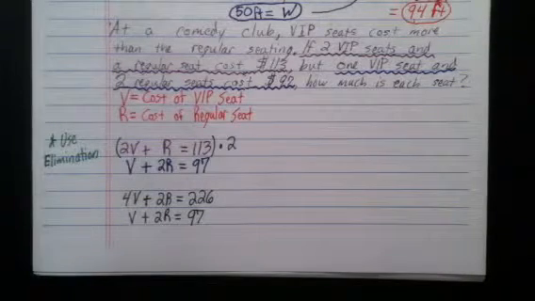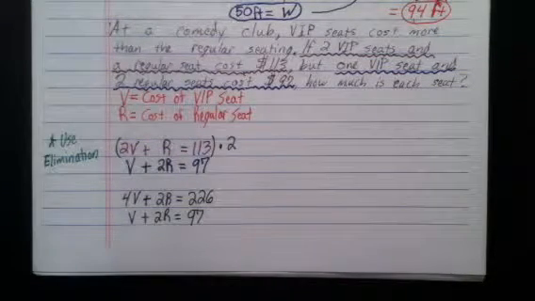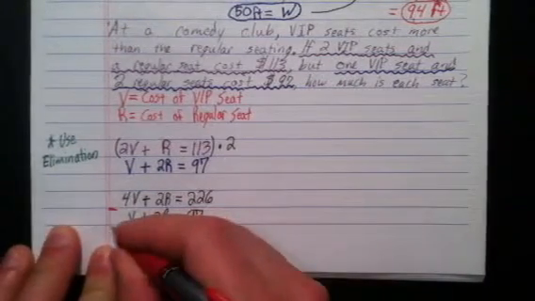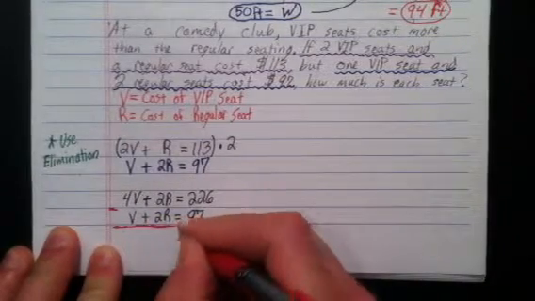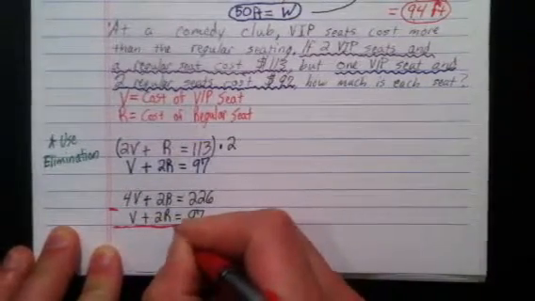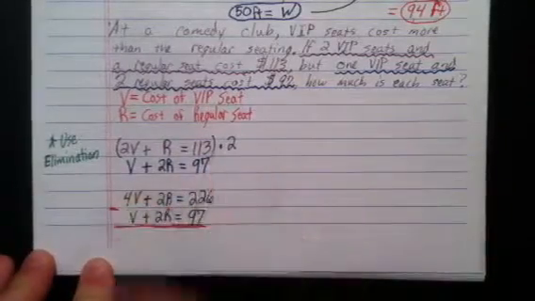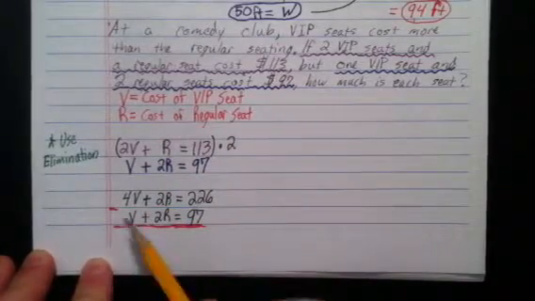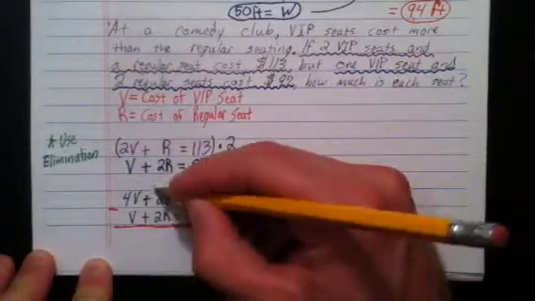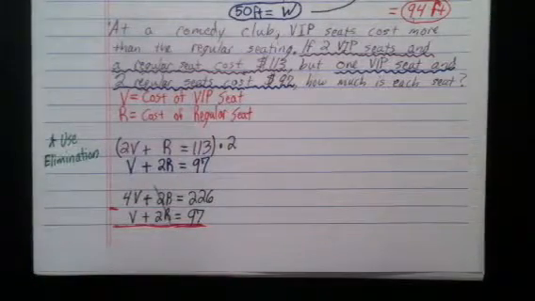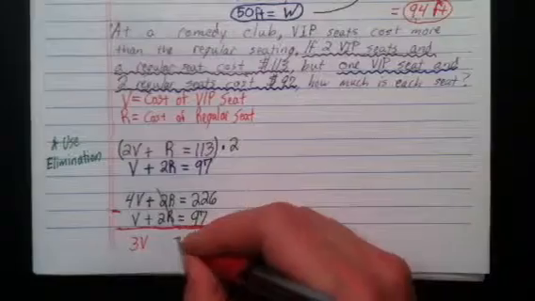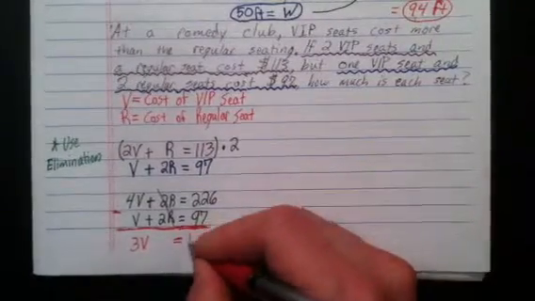Okay. Now that we have the R terms matching, if we were to subtract, that would cancel out the R terms. So 4V minus a single V ends up giving us 3V, but subtracting the 2R minus 2R, cancel those out. So our result is 3V, nothing for the R terms anymore. 226 minus 97 gives us 129.